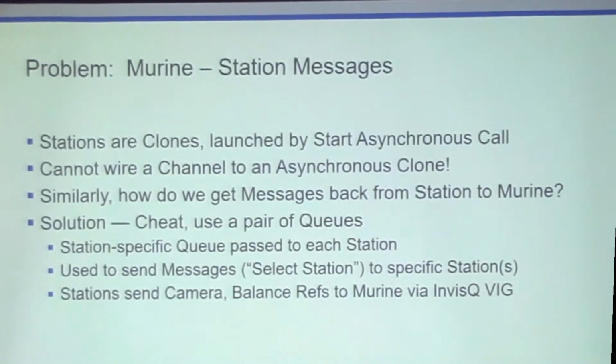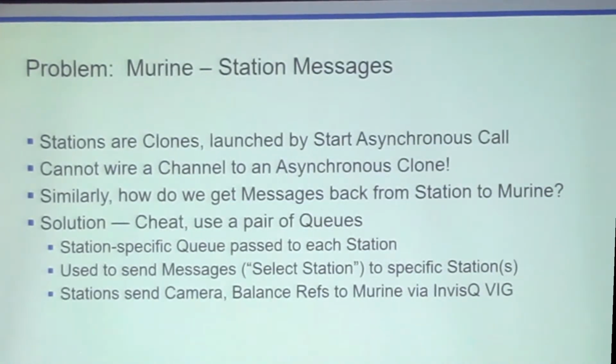We use that to send messages to the station, like select station. The stations only need to send 2 things back to the Murine, namely the balance and the camera references. Well, I use the InvisiQ business. I put it in an action engine and I ship it off.